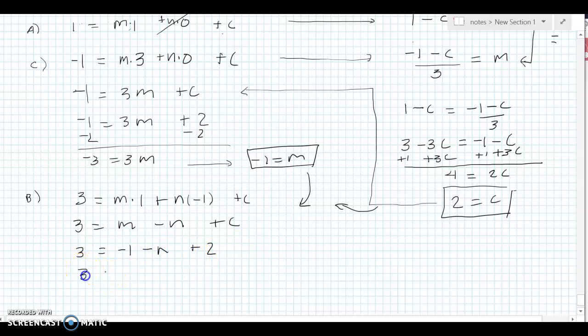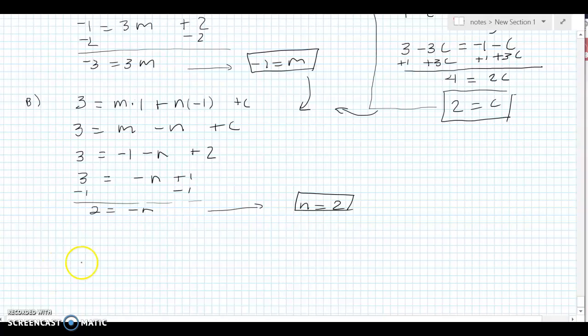So I get 3 equals minus n plus 1, and I'm going to subtract the 1, and I'm going to get 2 equals minus n, and this tells me that n equals 2. So I have all those pieces, right?